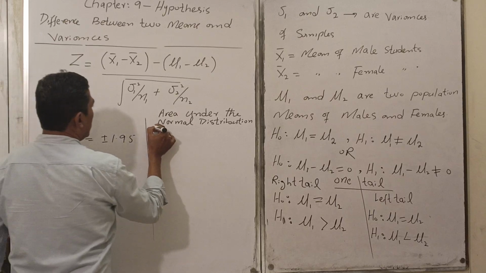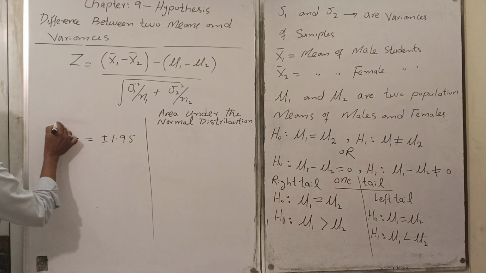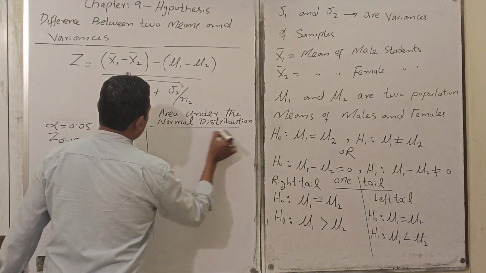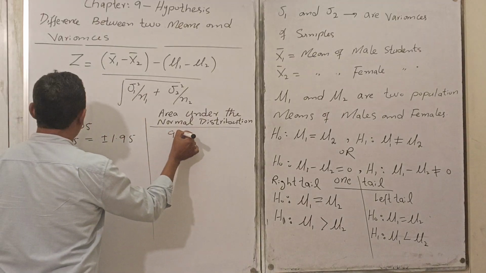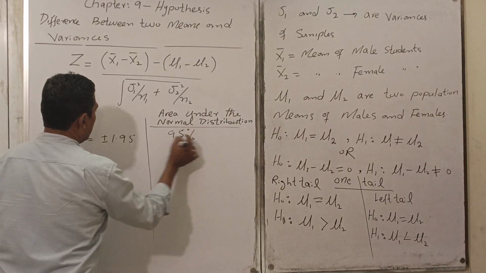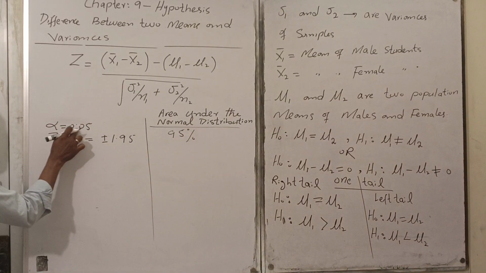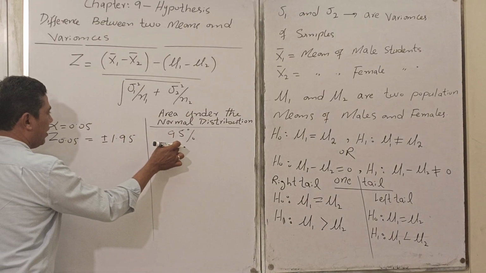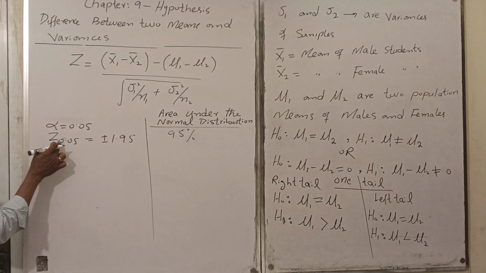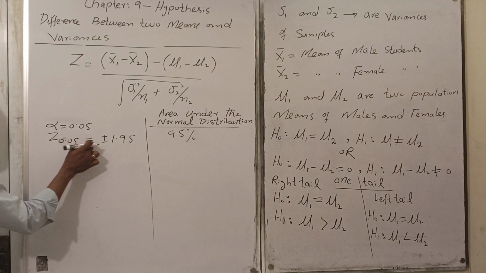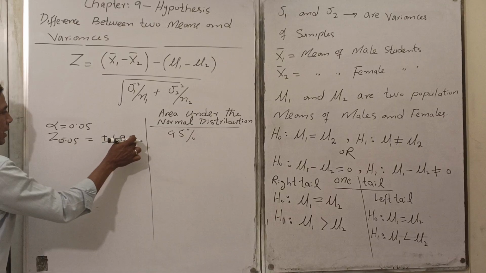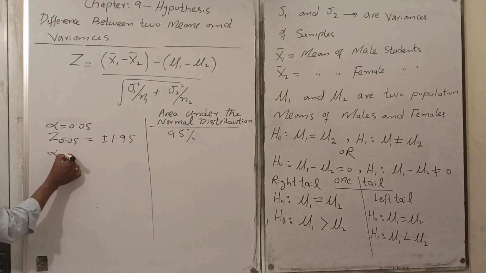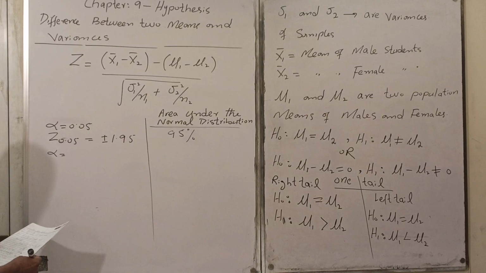When alpha equal to 0.05, the area under the normal distribution is 95%, and the critical value z 0.05 is equal to plus minus 1.95.